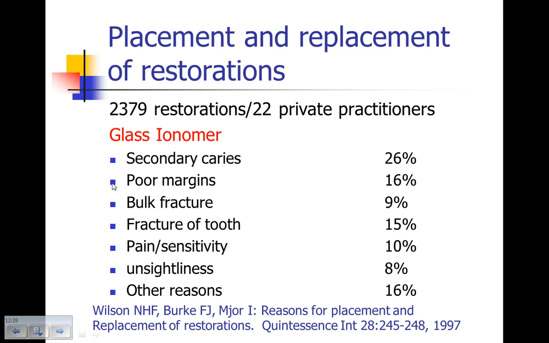Poor margins 16% of the time, fracture 9%. The tooth fracturing with a glass ionomer restoration 15% of the time. Pain and sensitivity 10% of the time. Once again, is there a crack in the tooth? Unesthetic, unsightliness 8% of the time, and other reasons were 16% of the time.